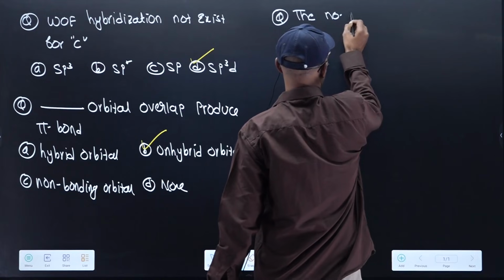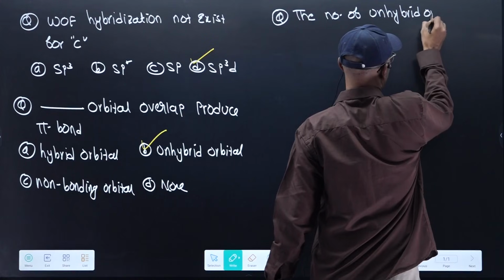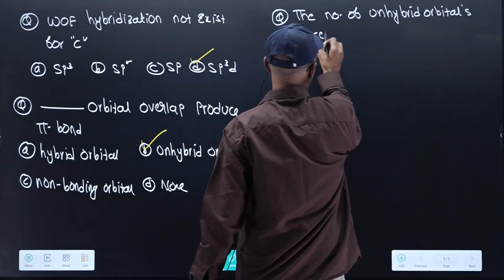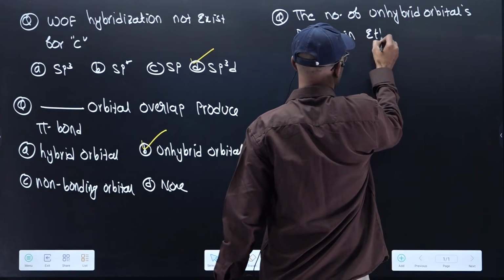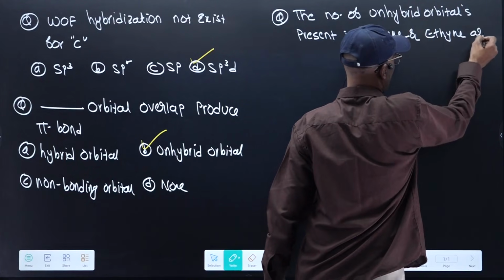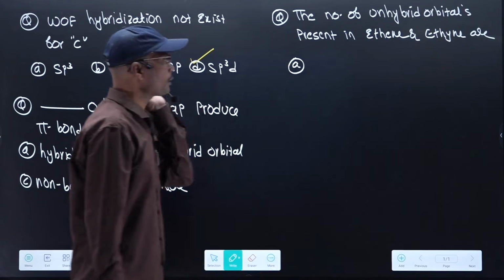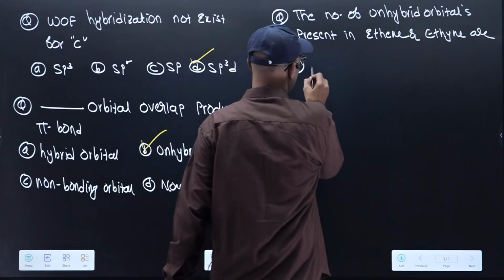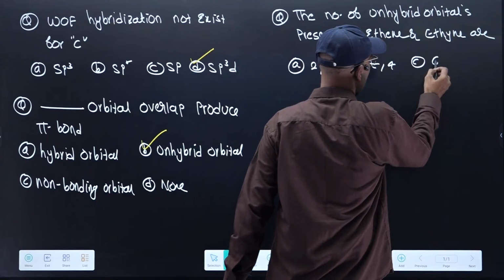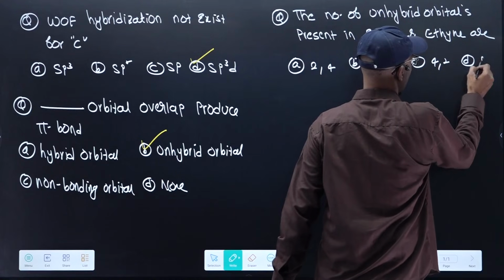See, the number of unhybrid orbitals present in ethene and ethane are: 2, 4; 4, 4; 4, 2; or 2, 2.